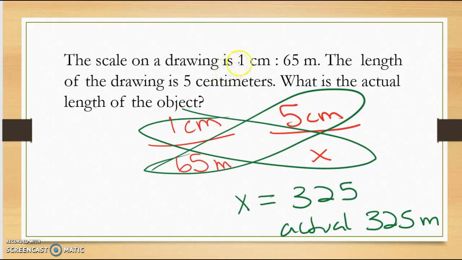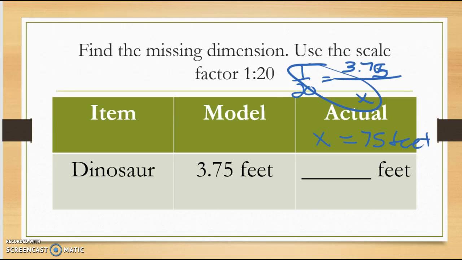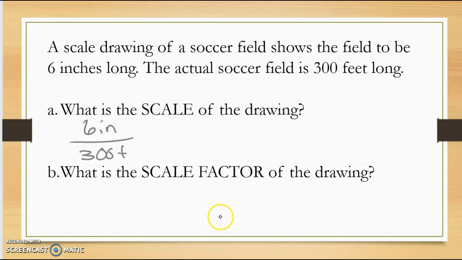So our scale is always going to have these labels on the end of it. But then if you look back here, our scale factor is not. So actually, I'm first going to start by finding the scale of the drawing. Okay? So we know that we have 6 inches to 300 feet. If we go ahead and simplify that down, and you take 6 and 300, you're going to end up with 1 inch over 50 feet. So this is going to be my scale of the drawing.